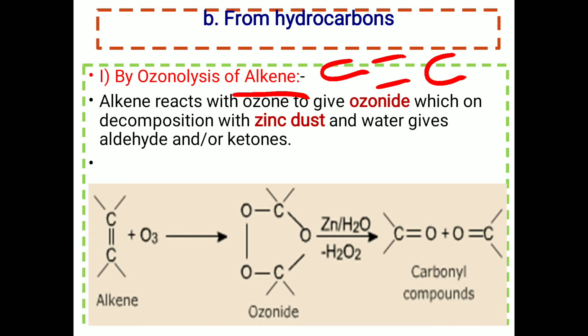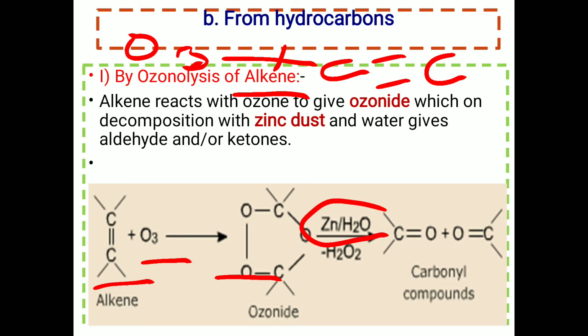And what is meant by ozonolysis? Ozone can be represented by the O3 molecule. Ozonolysis is the addition of ozone, that is O3, to an alkene, a carbon-carbon double bond compound, to give the ozonide product, which on further hydrolysis, that means reaction with water, gives the carbonyl compounds, that is either aldehydes or ketones. This is known as ozonolysis.